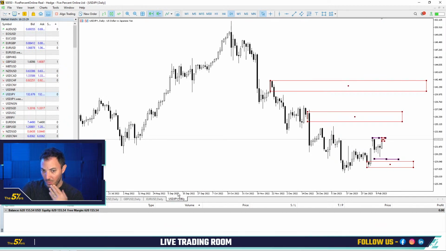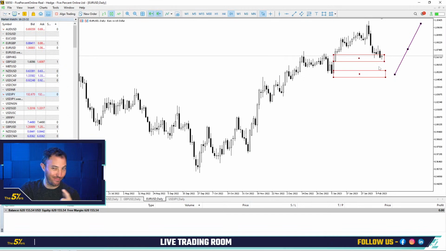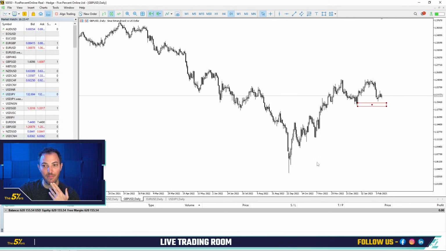So we said dollar yen long, euro USD kind of sideways, slightly bearish, but at this area, the extreme demand, I might turn bullish. Same for pound. I think we should be testing these lows, but from there we might turn into buyers.